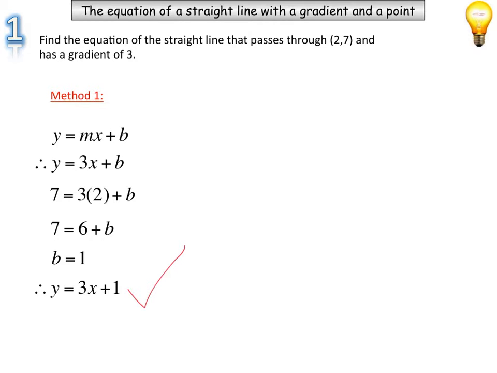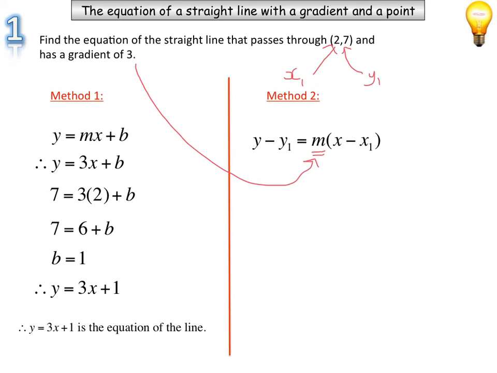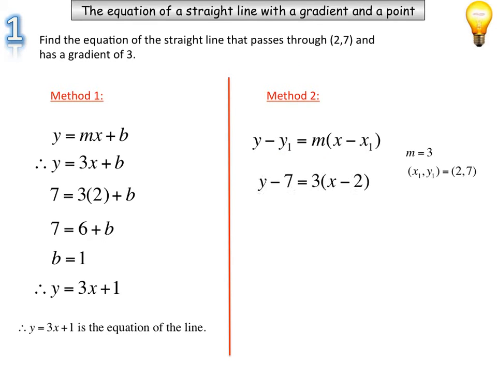The second method is from our previous relationship, y minus y1 equals m brackets x minus x1. So from here, I substitute my gradient into that particular part. That is my x1, that is my y1, and that's where I substitute those values in. So y minus 7 equals 3 brackets x minus 2.